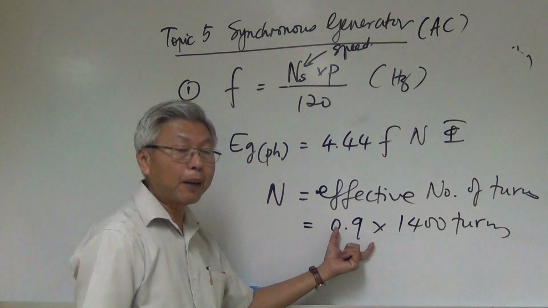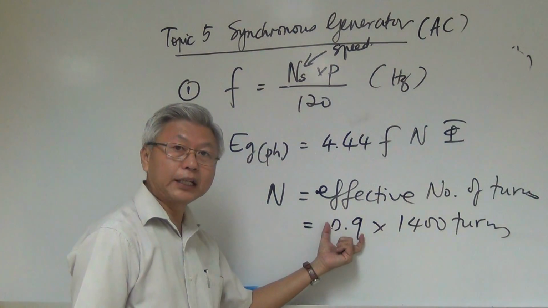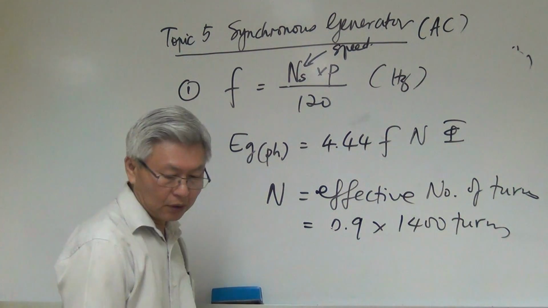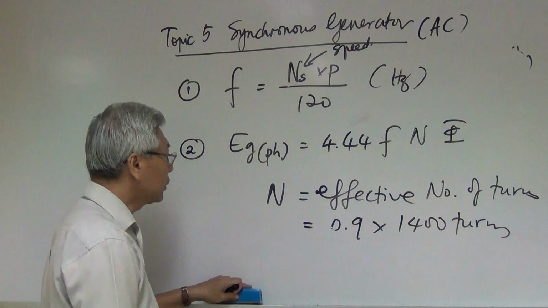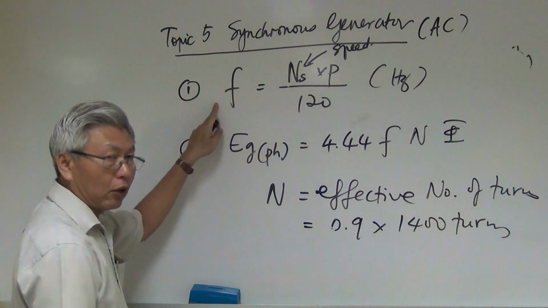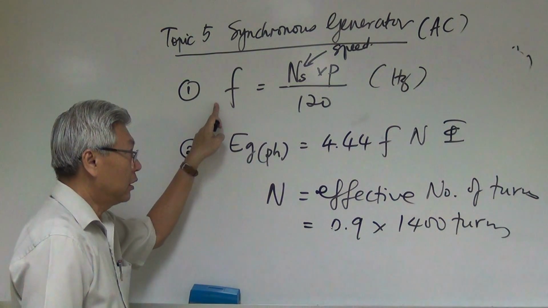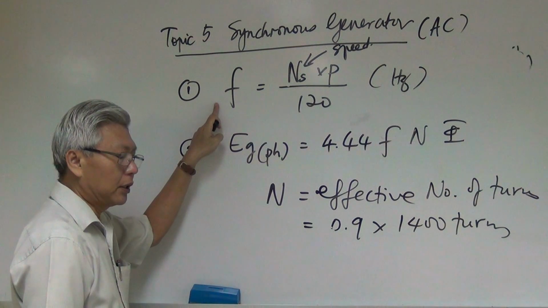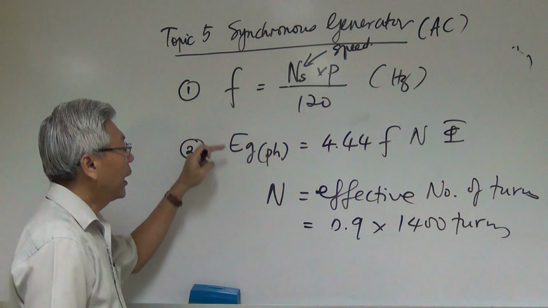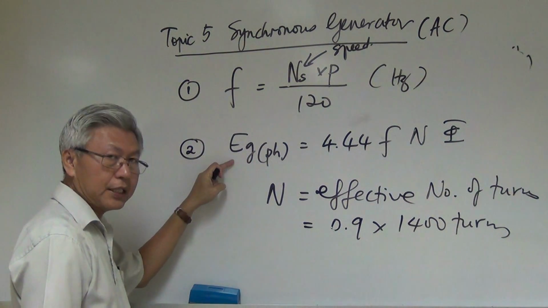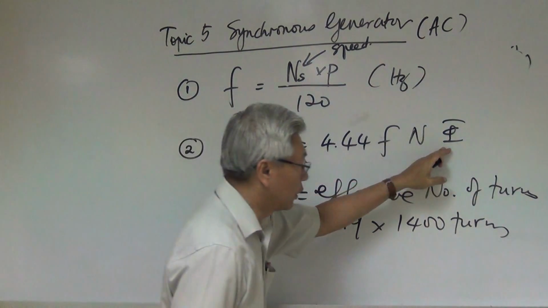You must multiply by 0.9. You must use the winding factor. So that is how to calculate the frequency of the generator AC voltage, and how to calculate the voltage per phase using this physics formula if you know the flux.